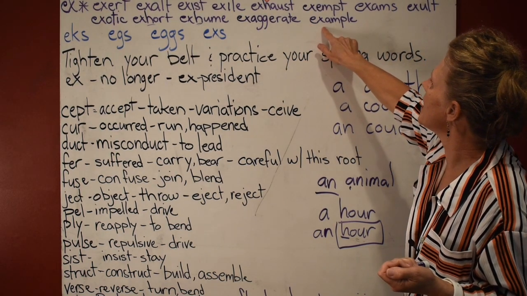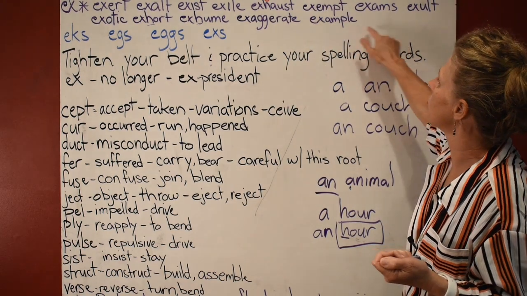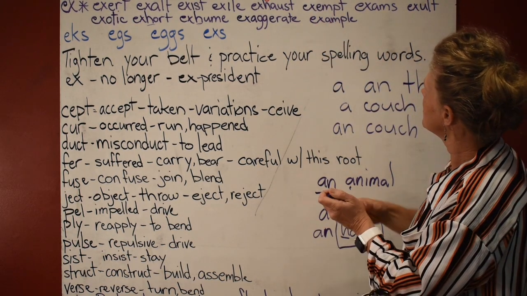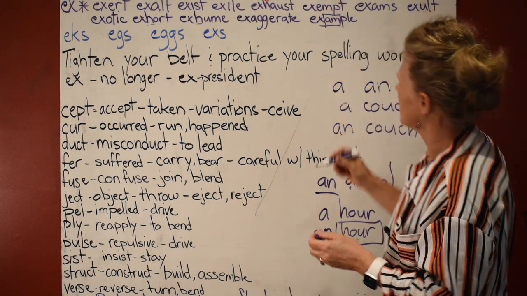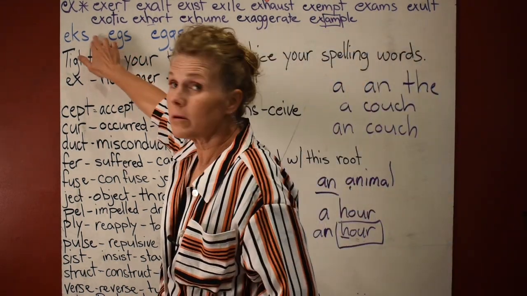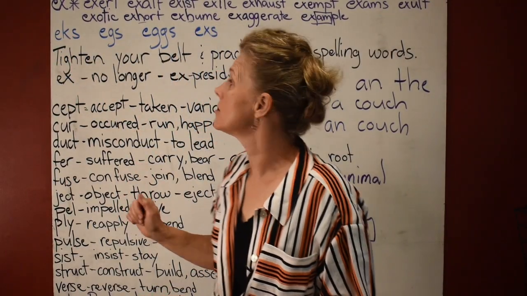Example. EGS. Is that spelled like that? Eggs. Example. No. And then the next syllable. Focus on the next syllable right here. All right? So, when you hear X, you do not spell it EKS.